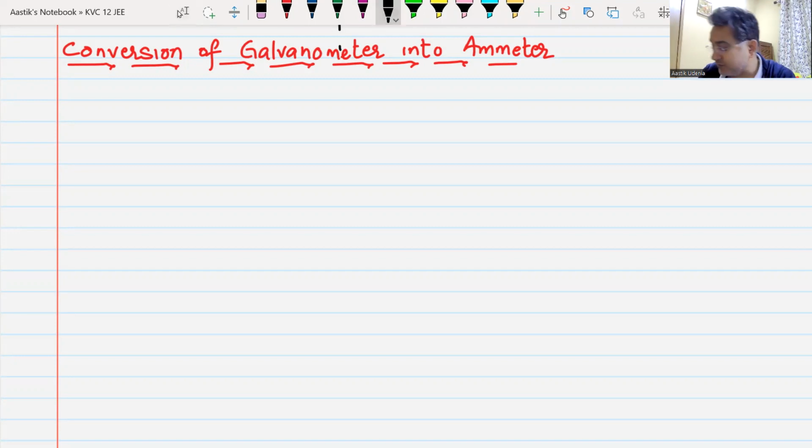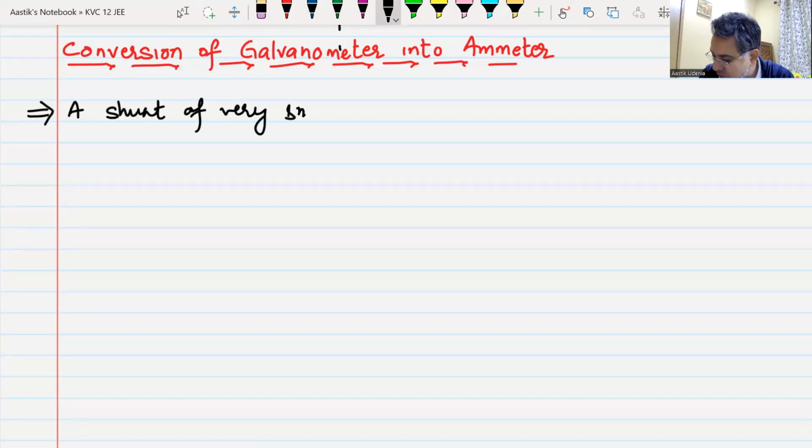And how do I convert a galvanometer into an ammeter? A shunt resistor, a shunt of very small resistance, is connected.